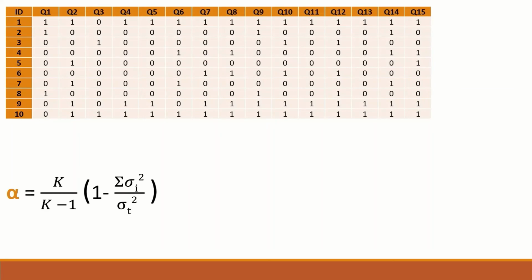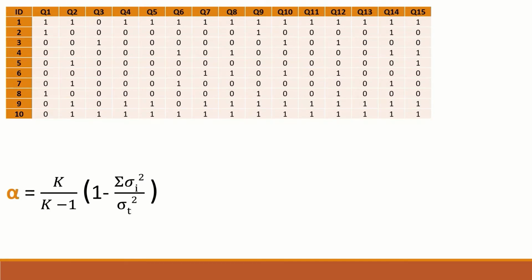In the next slide, a table and a Cronbach's alpha equation. The table represents exam results for 10 students who had answered 15 multiple choice questions.